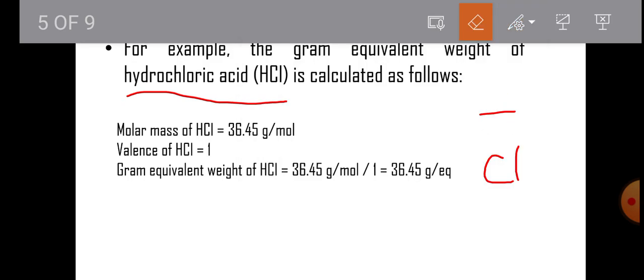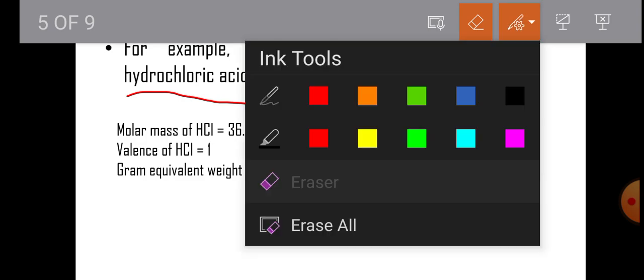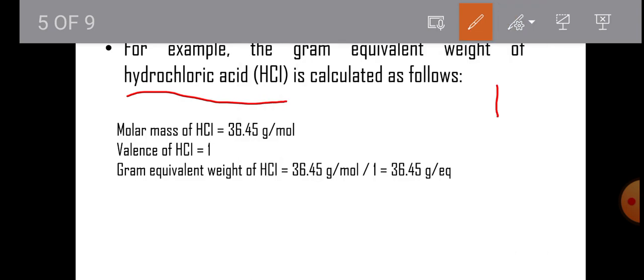What is the atomic mass of hydrogen? The atomic mass of hydrogen is 1. And what is the atomic mass of chlorine? It is 35.45.